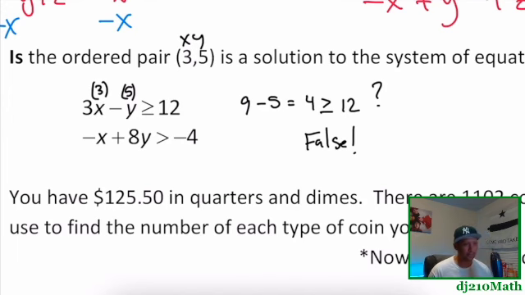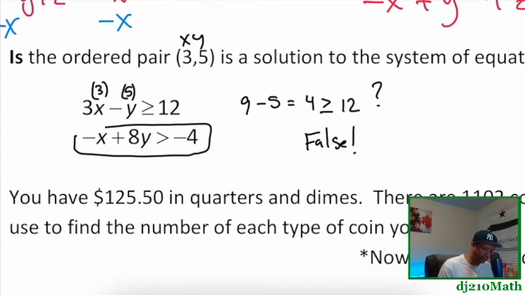It's false. So I don't even need to check the second equation. The reason I don't need to is because it was already false for the first equation. Had it been true, then I'd have to check the second equation, because if 3, 5 is a solution, then it's going to be true for both equations.